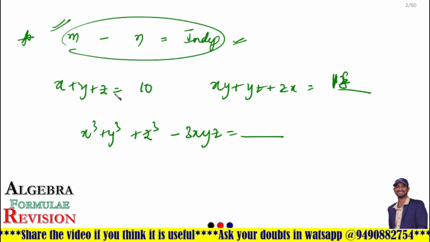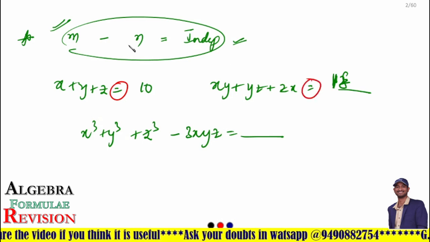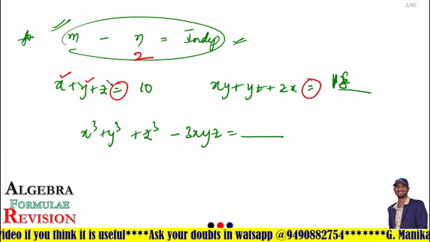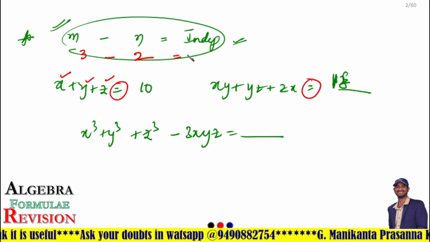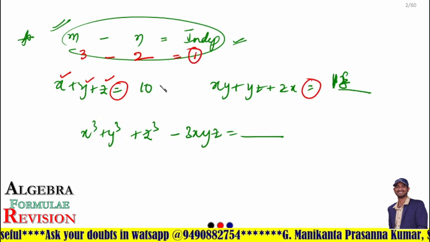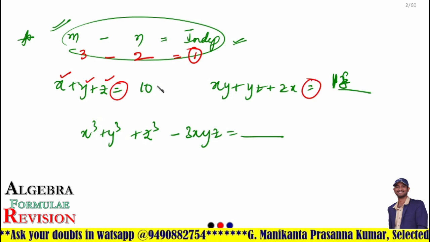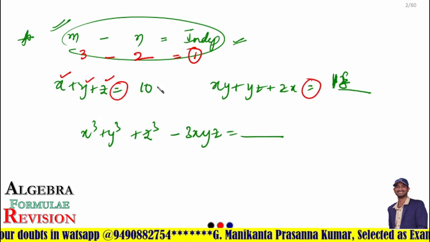There are two equations. And how many variables? x, y, z, 3 variables. So how many variables are independent? 3 minus 2, 1. One variable is independent. You can assign any value to that variable.